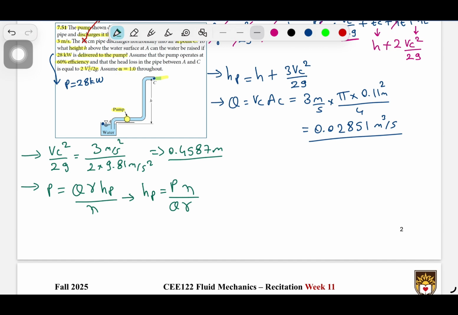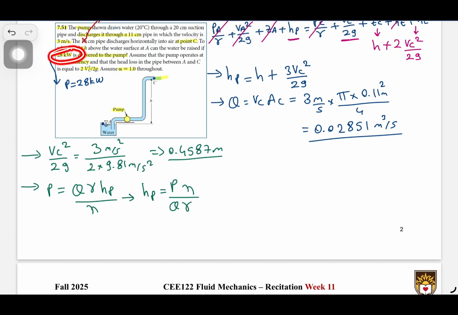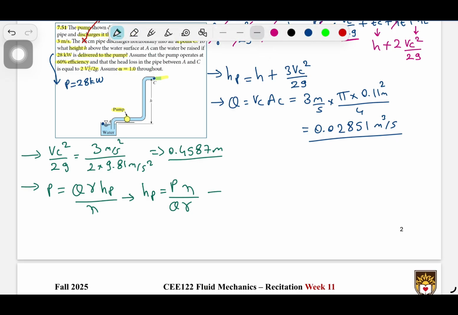We did that because the power of the pump is already given as 28 kilowatts. Since we know the power, flow rate, specific weight and efficiency, the only thing we don't know is HP. So if we can find HP, then since we already know this term too, we can calculate this height. So let's continue with finding HP.